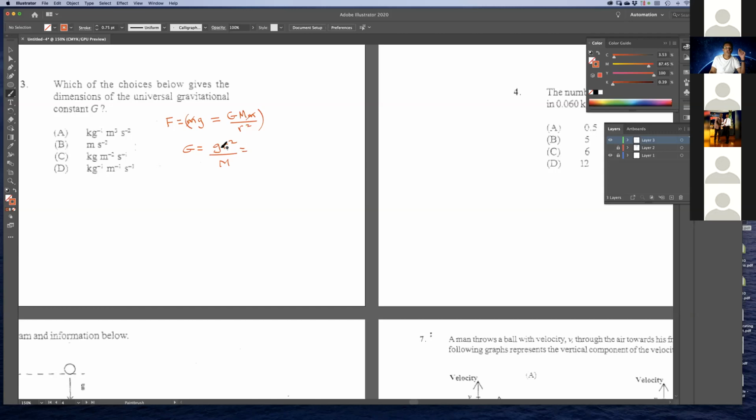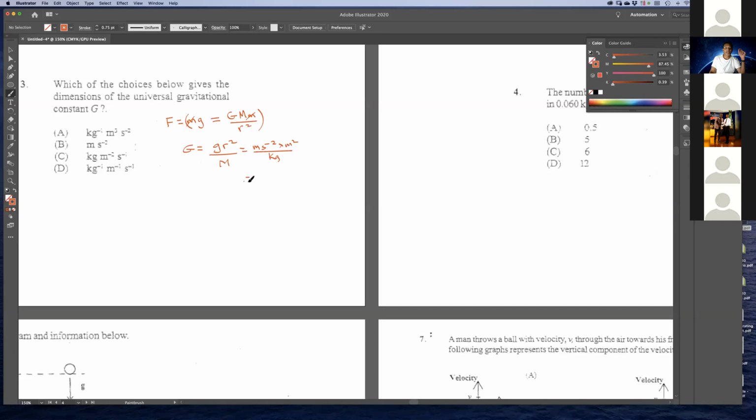And we know g, the unit of g, is m s to the minus 2. We know that r would be in meters squared. And we know that m, the mass, would be in kilograms. Again, just replacing the units of each of the things. And we just combine these together.